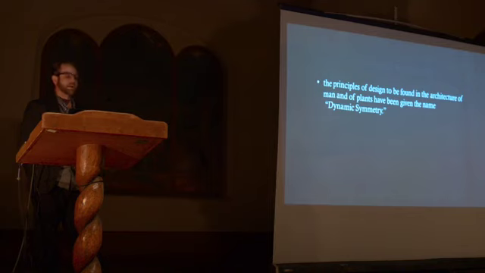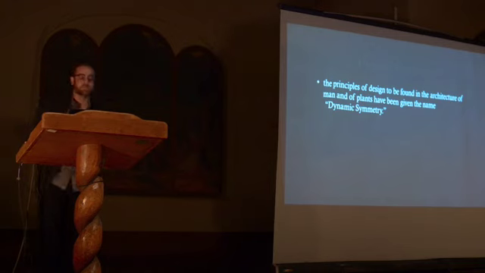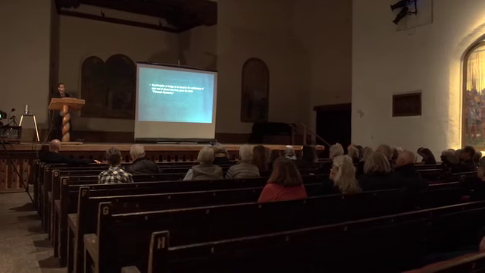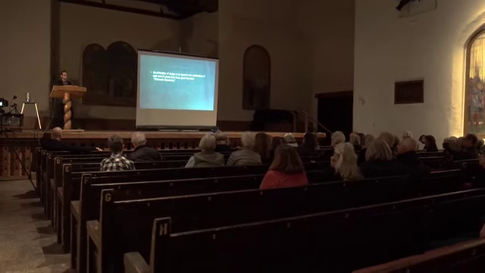The principles of design found in architecture and plants have been given the name dynamic symmetry. Therefore, dynamic symmetry is present in all great works of art, whether intentional or not.